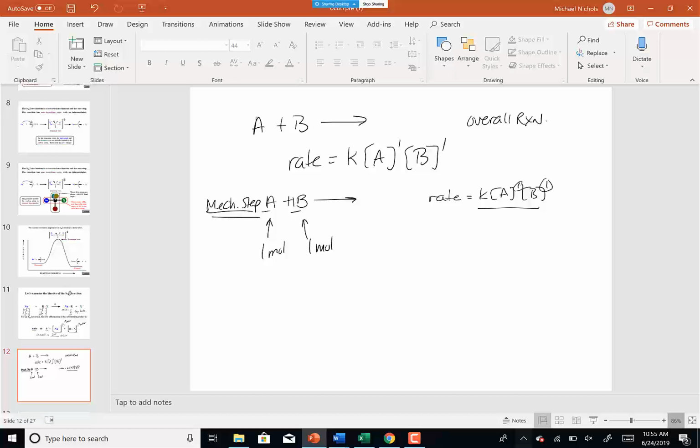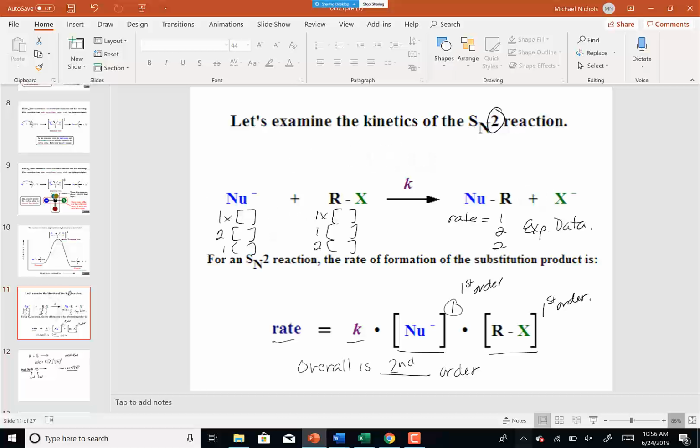Well, what do we have here? We have this mechanistic step. We're saying that the rate was nucleophile to the first, alkyl halide to the first. So if I'm going to write the simplest mechanism I can, I'm going to say that is the mechanistic step. It's one step.